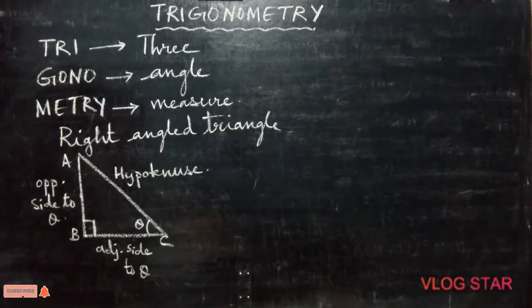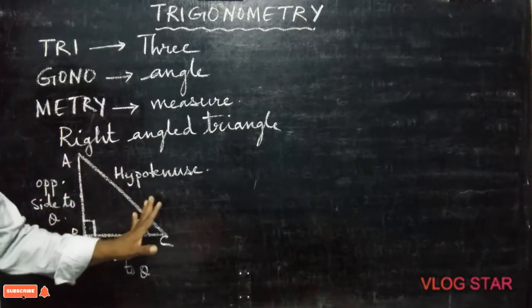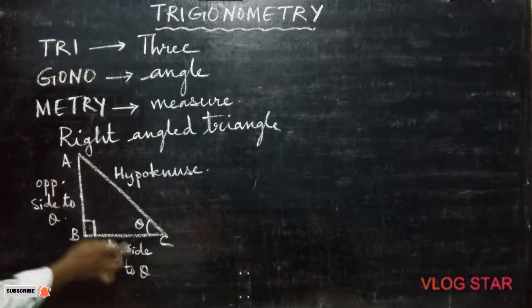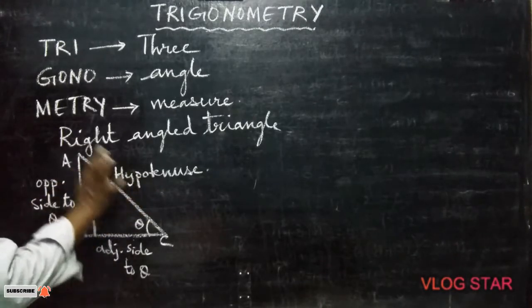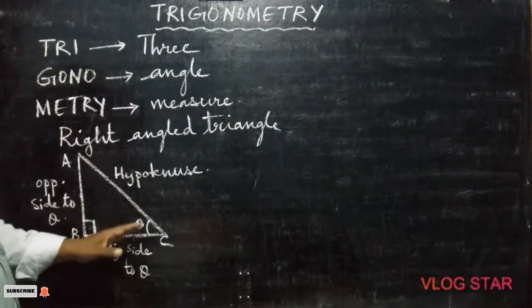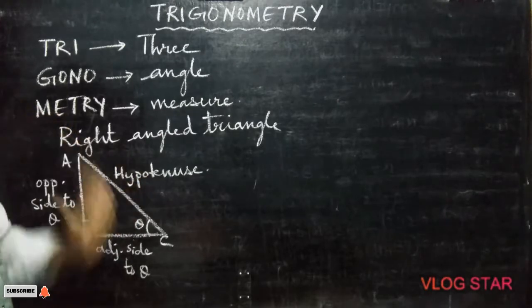And this is the hypotenuse. If you remember these 3 names, if you take this as theta, then this will be the opposite side, this will be the adjacent side, and the hypotenuse will not change. Are you able to follow? Depends upon theta: opposite, adjacent, hypotenuse.